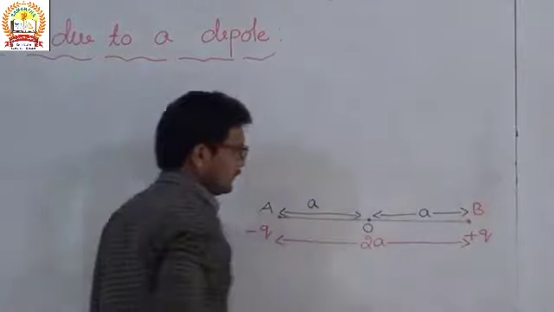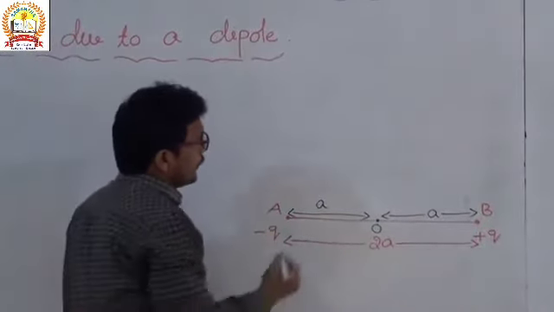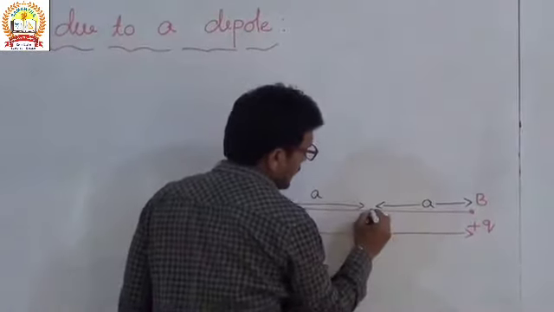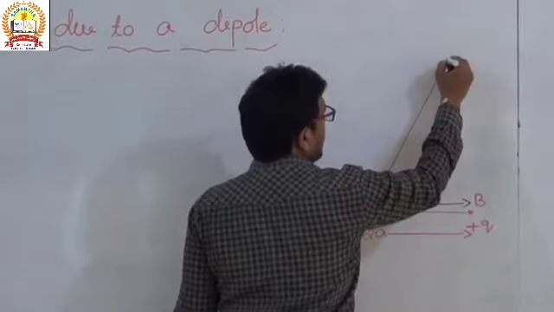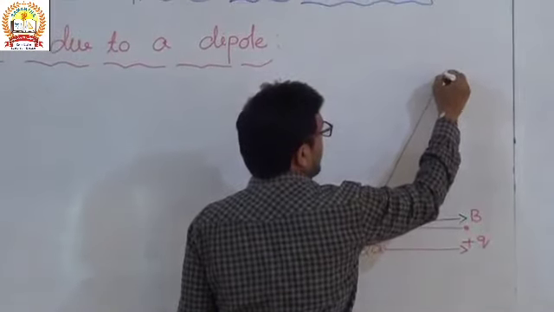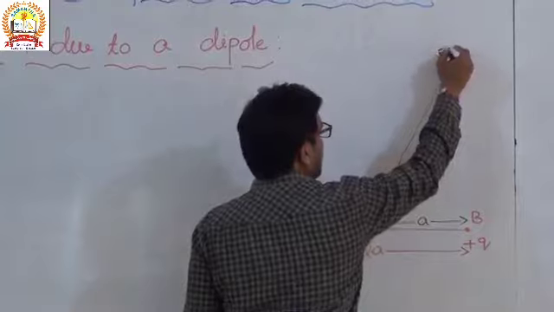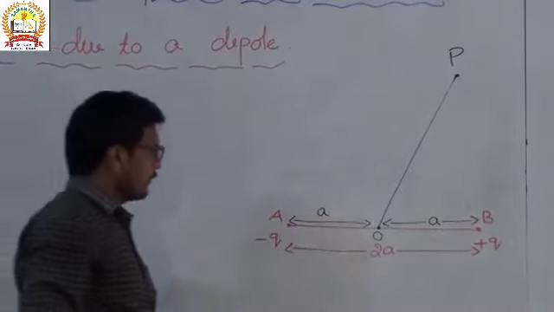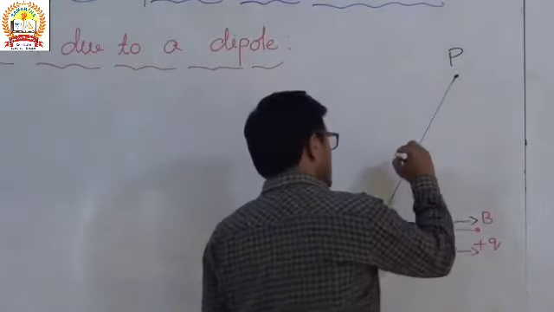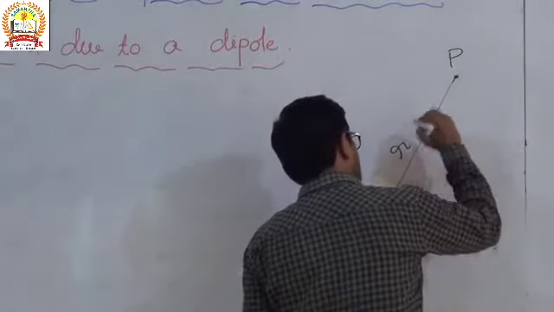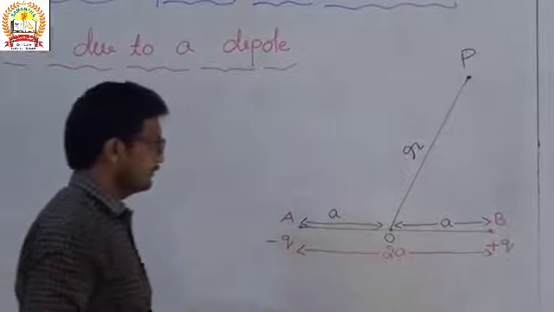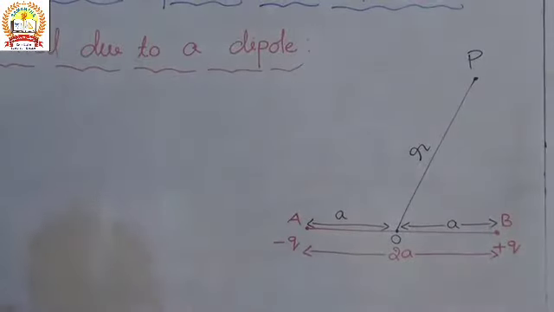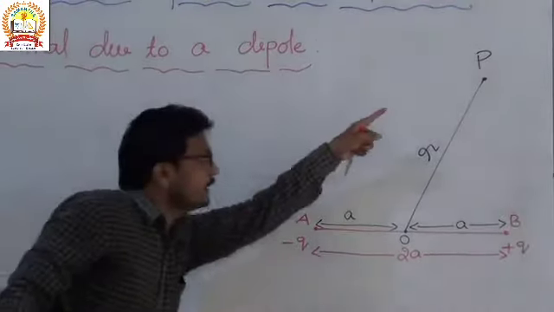Now we want to find the electric potential at the point P. The distance from point O to P is r. We need to find the potential due to the dipole at the point P.